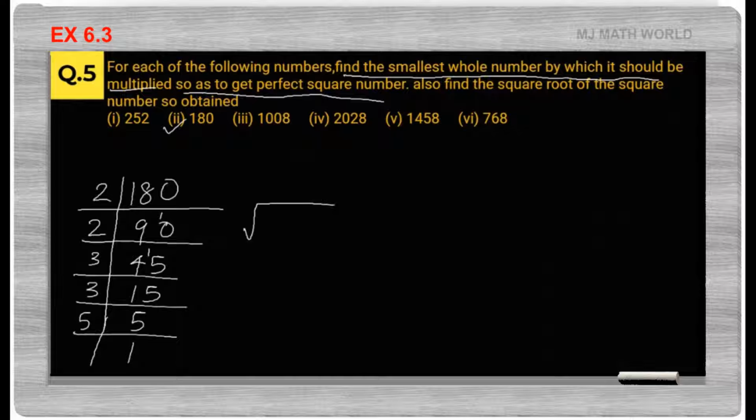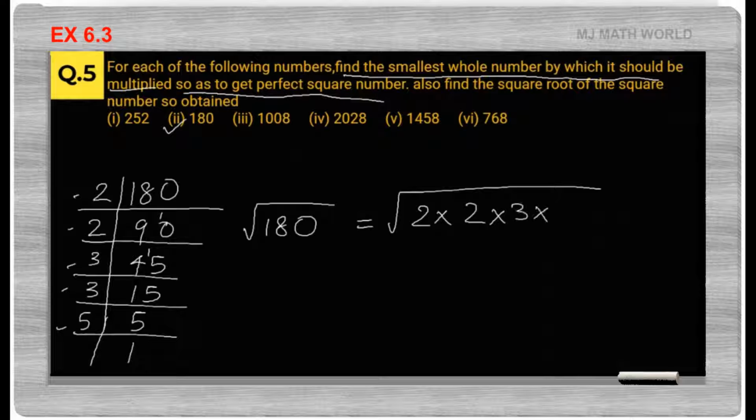That means the square root of 180 is equal to the square root of 2 into 2 into 3 into 3 into 5.